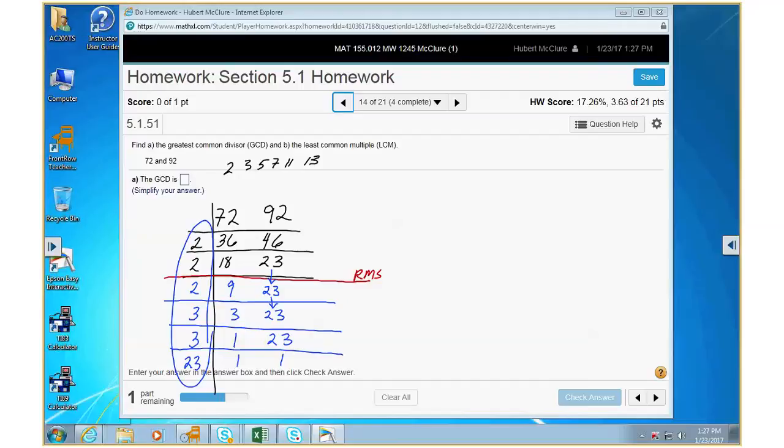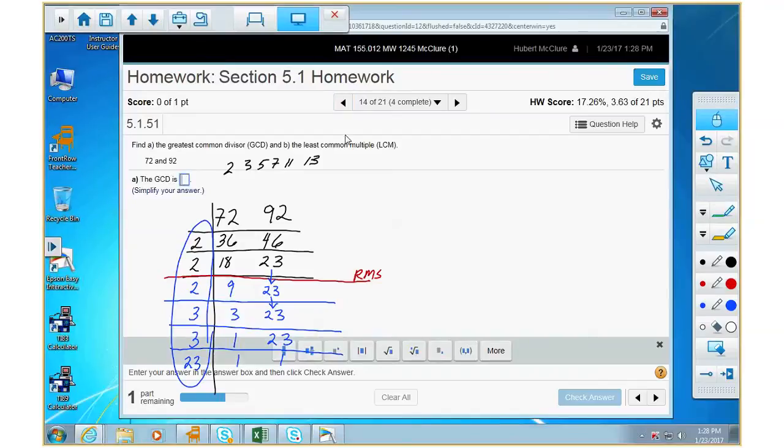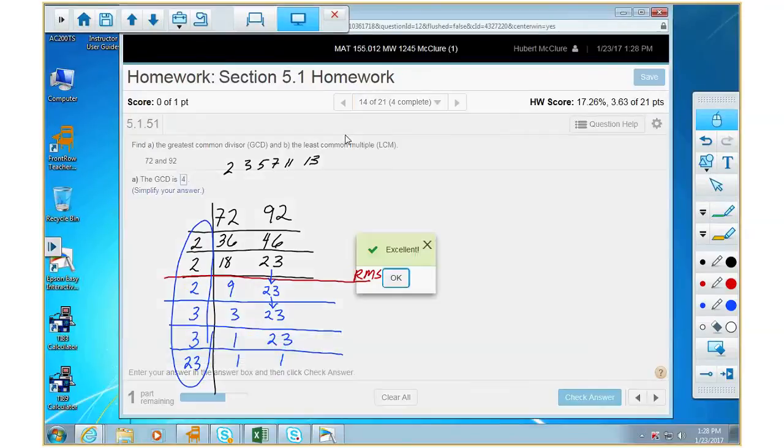So what's our greatest common divisor? 4. F-O? 4? Where you go get bread at the stove? 4. Trying to find my cursor. 4. Excellent. You are a winner.